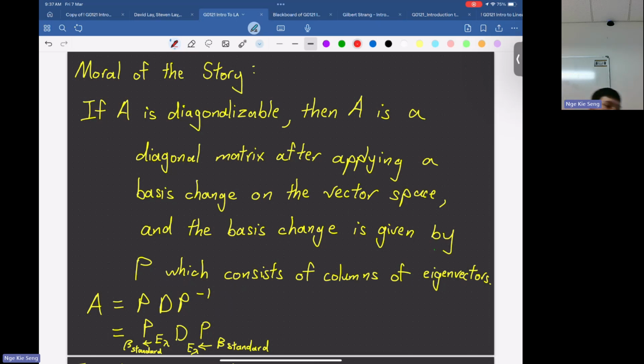After you change your basis into your eigenvector basis, then you just have a diagonal matrix. Okay, no? So, question before we start a new chapter. You want to ask or you want to test your theory with me?